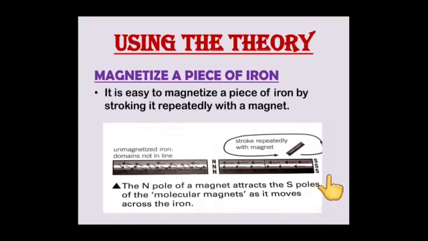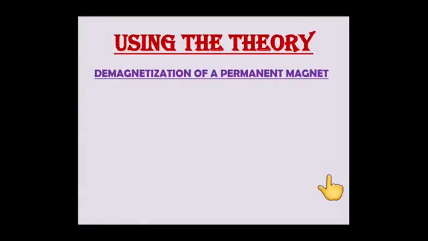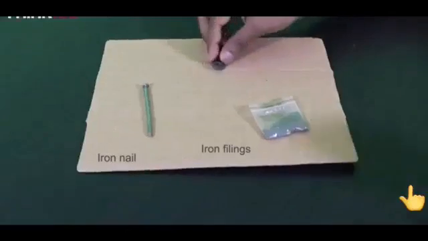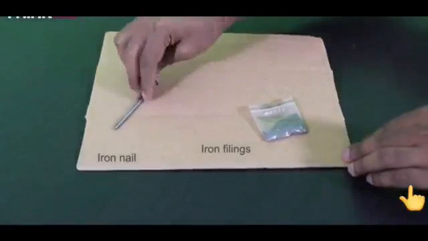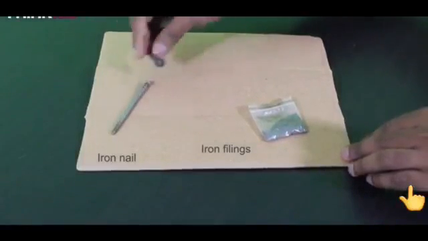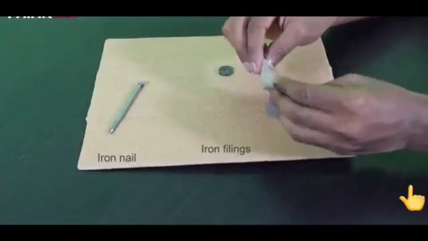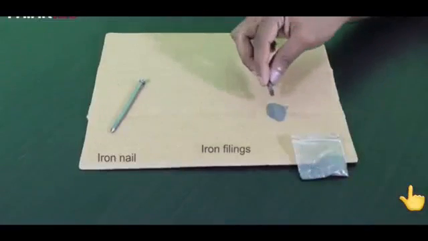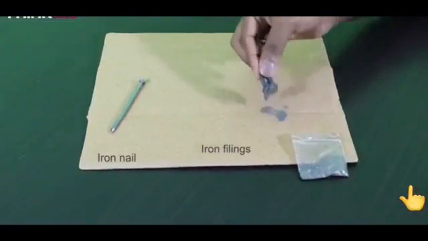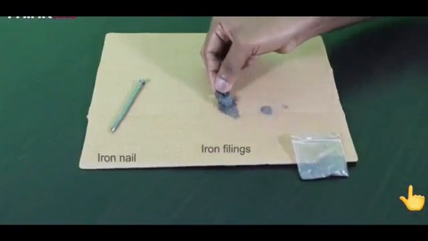Similarly, we can demagnetize a permanent magnet by this theory. You can notice that the ring magnet attracts the iron nail as well as the iron filings. That is, it is a permanent magnet.